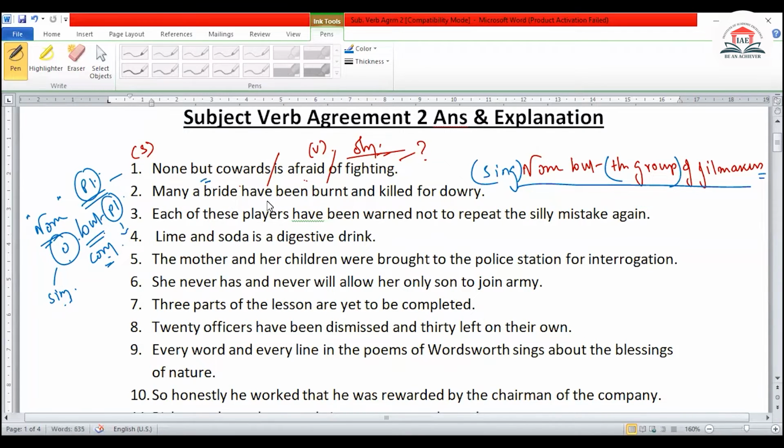Next. Many a bride have been burnt and killed for dowry. What is it?